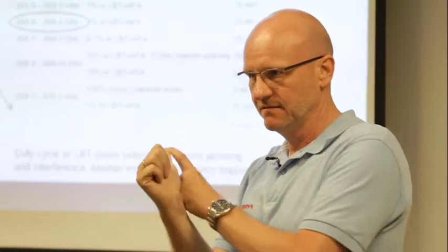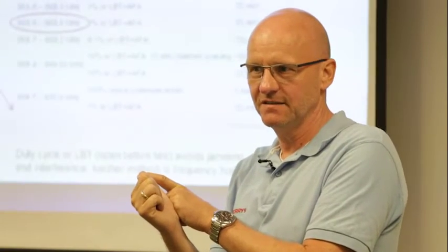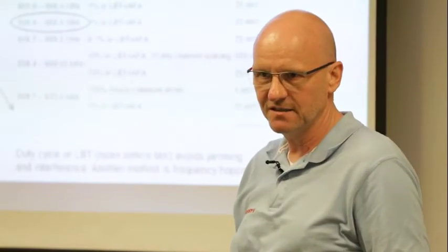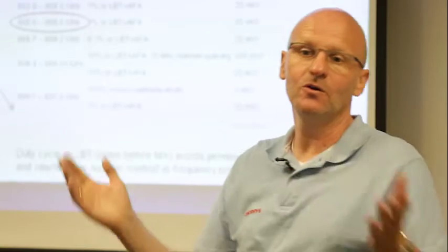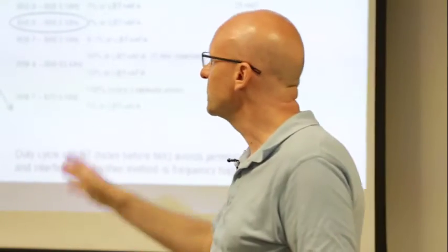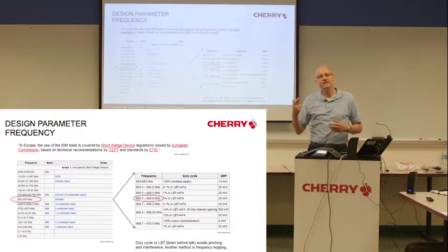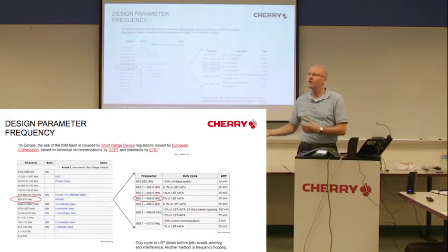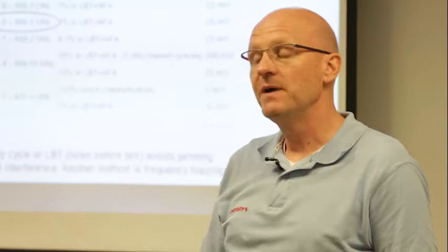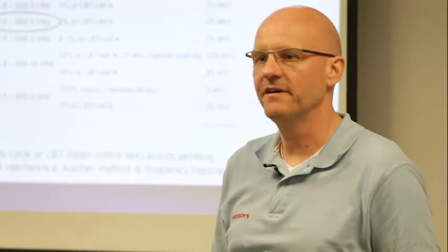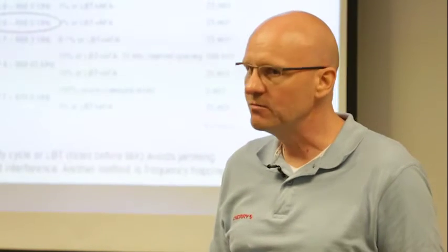So now we have 3 frequency bands: 950 for USA, Canada, South America, 2.4 gigahertz for all over the world, and the third one, 868 megahertz, for Europe. And this is the reason why we use different RF frequencies. The best solution would be to design our product with one RF frequency and sell it all over the world.